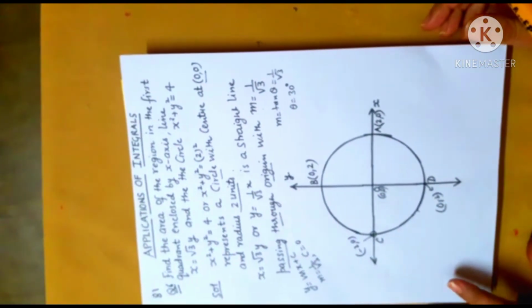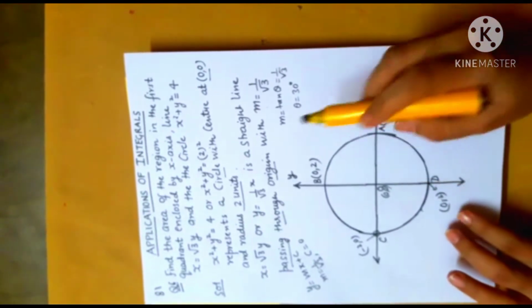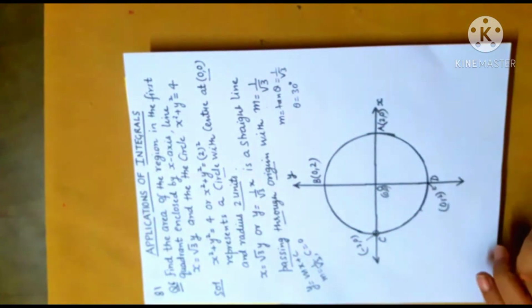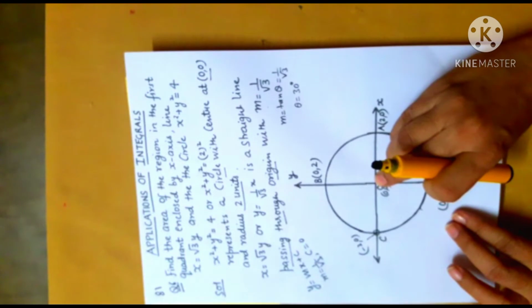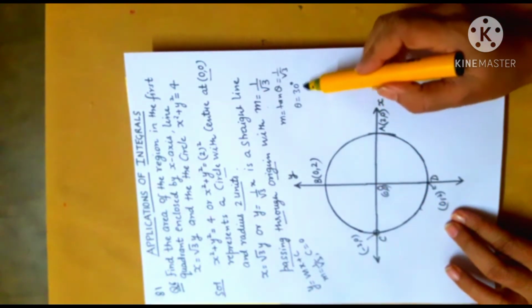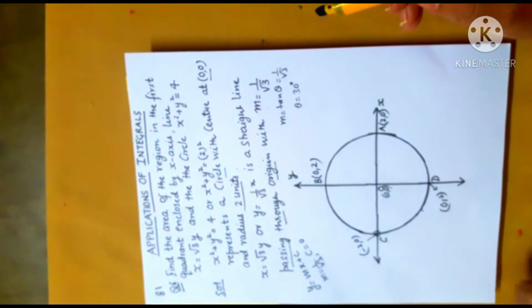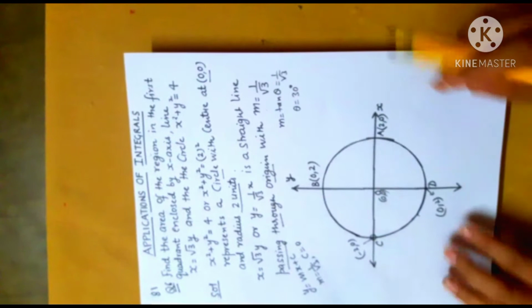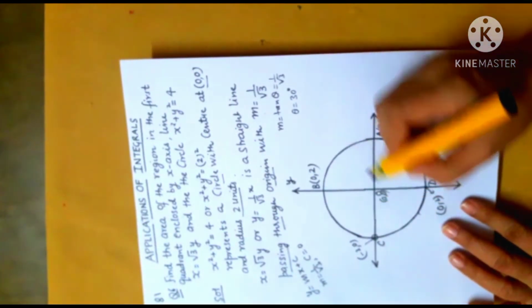Now let's draw this line. Line is passing through the origin, that is line will pass through this point and the angle of inclination is 30 degree. That means line will make an angle of 30 degree with the positive direction of x-axis. So let's draw it.